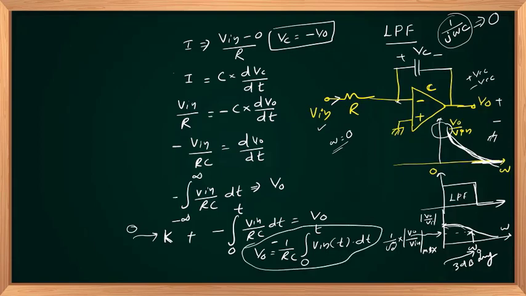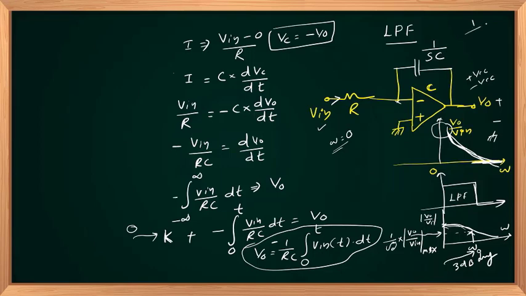The same analysis can be done by replacing the capacitor with a capacitive impedance in the S domain. The capacitive impedance is 1 over SC.